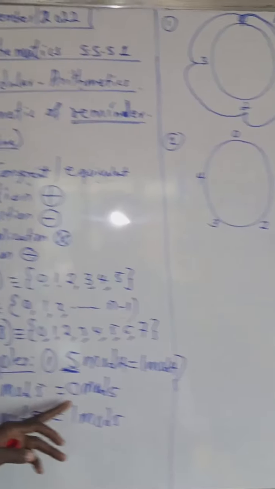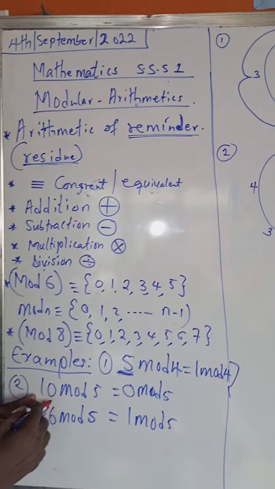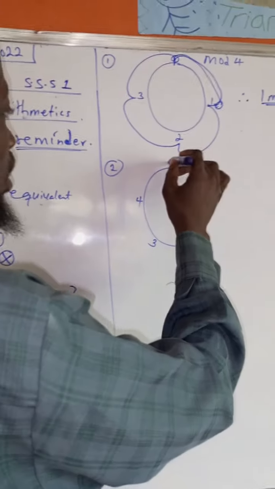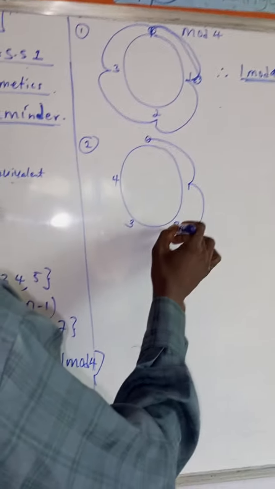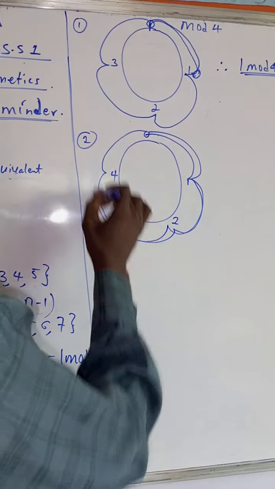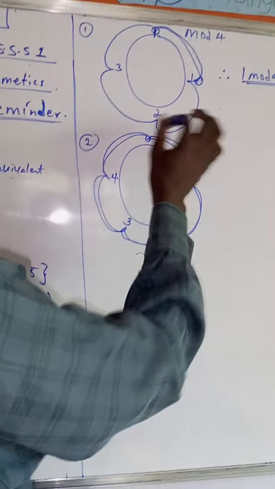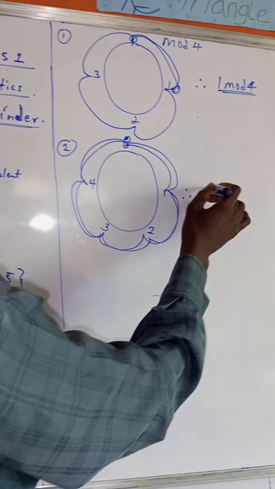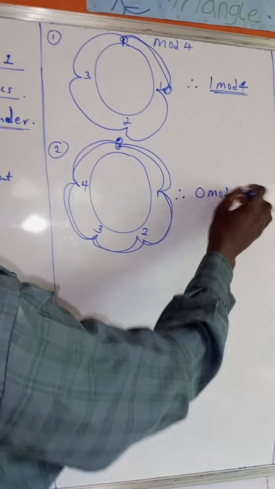Now they said I should move 10 times. 10 mod 5. Let's move 1, 2, 3, 4, 5, 6, 7, 8, 9, 10. So I stop on 0. Therefore my answer will be 0 mod 5.